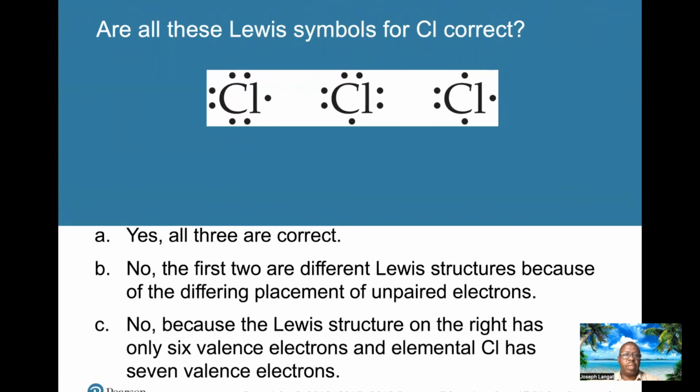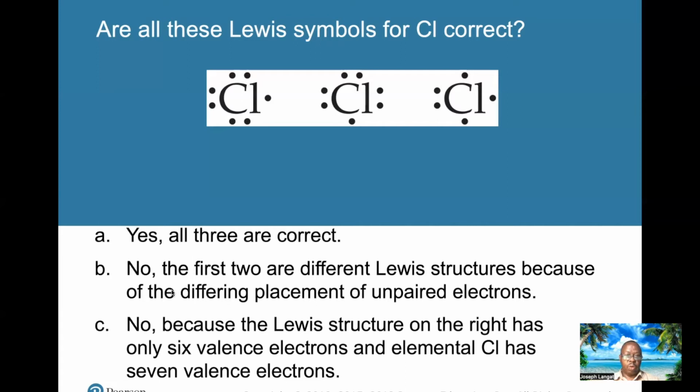In this case, if I look at the first two, the lone electron and the pairs can be on the left side or below. But if you count the dots around the last structure here, it has 1, 2, 3, 4, 5. It has 5, which is less, so this is wrong.